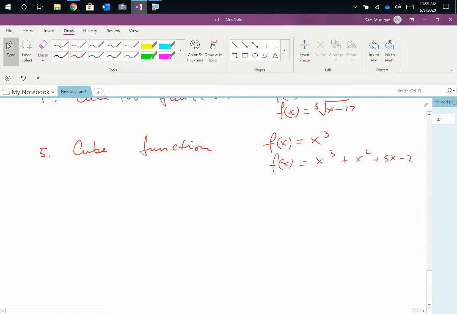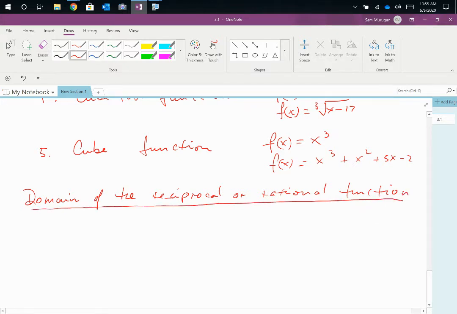Now that leaves us the reciprocal function. We're going to speak about that separately, domain of the reciprocal or rational function. Okay, and this is based on the premise that we cannot divide by zero.